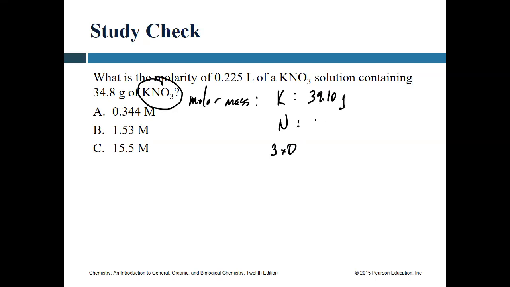For nitrogen, 14.01 grams. For the oxygen, there are 3 oxygens, so it's going to be 3 times 16.00 for each oxygen. Put that all together, 39.1 plus 14.01 plus 3 times 16, we get 101.11 grams per mole.